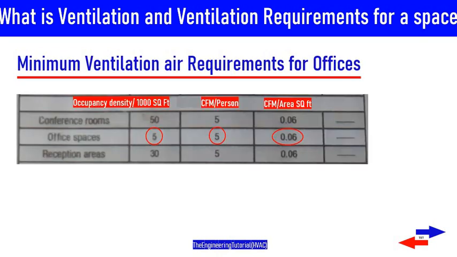The amount of outdoor air required for a space is often prescribed by local building codes or industry standards, such as ASHRAE Standard 62, Ventilation for Acceptable Indoor Air Quality, which prescribes the quantity of outdoor air required per person or per unit area to provide adequate ventilation for various types of spaces.